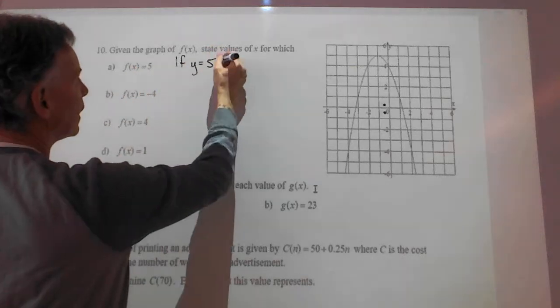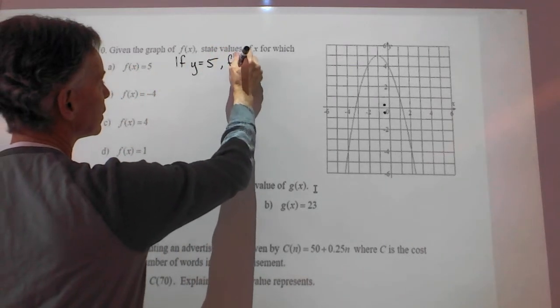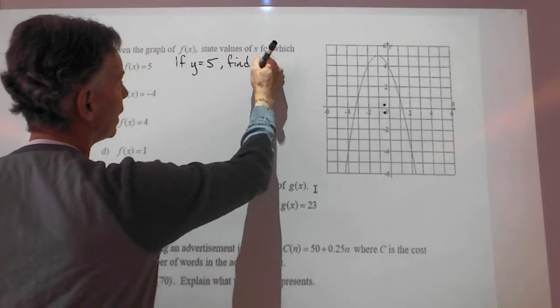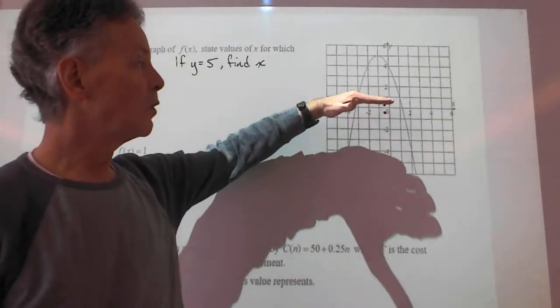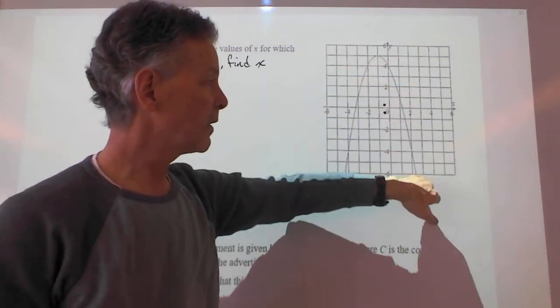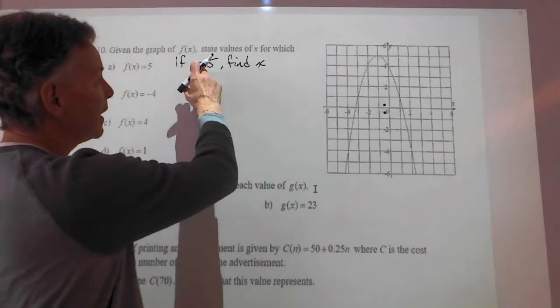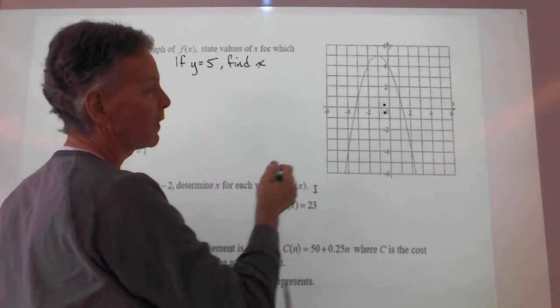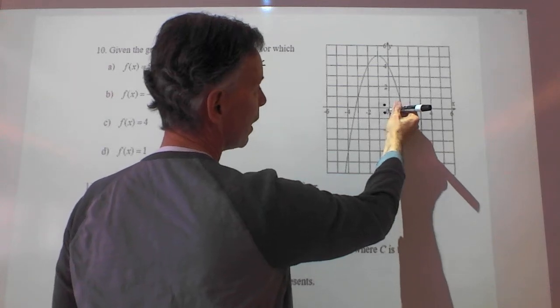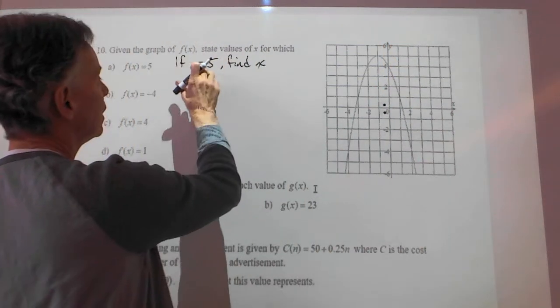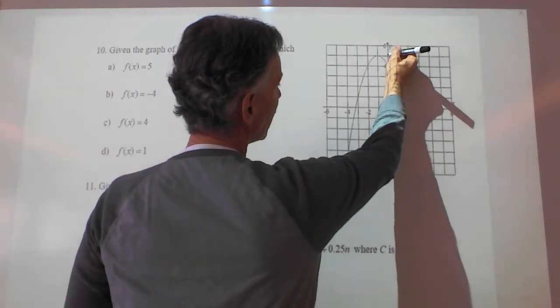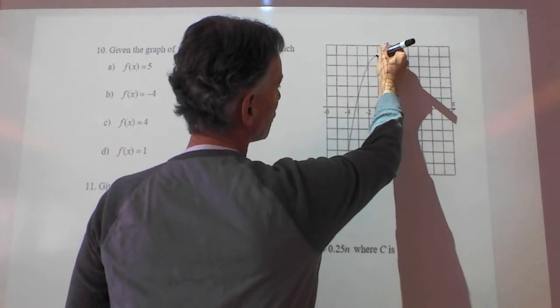If y equals 5, find x. And you do exactly the same thing. You go to your graphed line, you find the point where y equals 5. Well, remember y is above and below. We're on the vertical axis now, so y equals 5. That's the point right there.